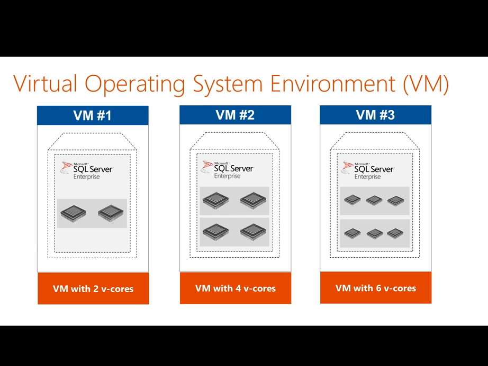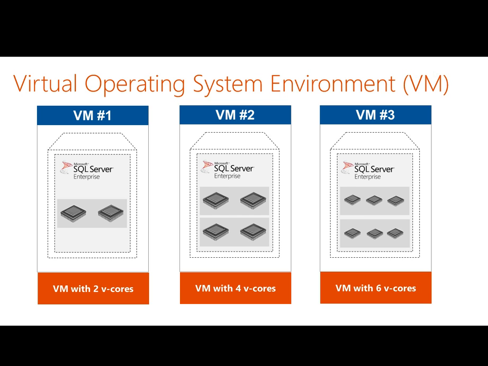So count the total number of cores, it's 6, divided by 2, then 3 licenses. Virtual machine 2, 4 cores divided by 2, it's 2 licenses. VM1, it's 2 cores, but the minimum is 4. Remember? So even if you put 2, it's still going to be 4. If you put 1, it's still going to be 4.